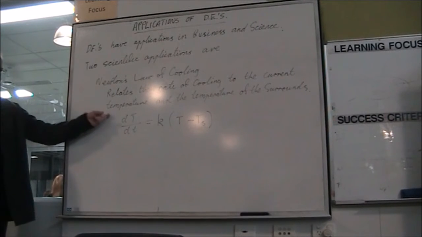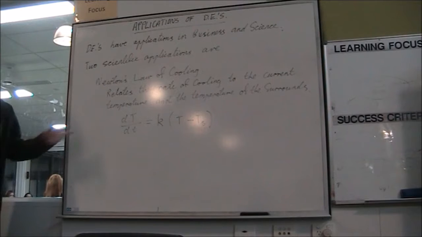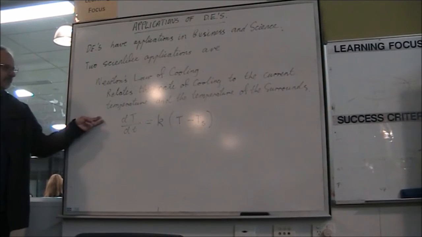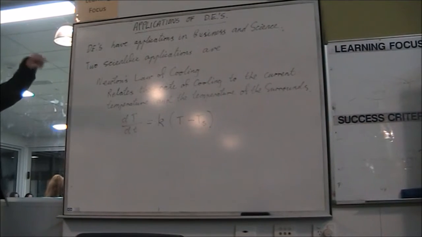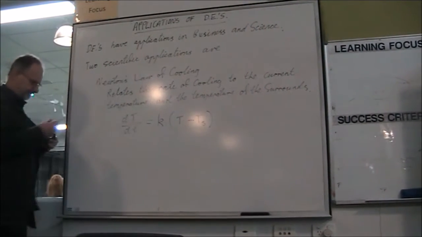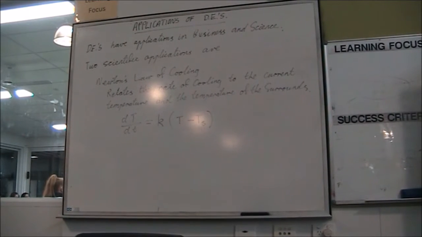Excuse me, this is the differential equation of Newton's law of cooling. So that's one example of, in this case, a scientific application. I'll give you another one in a minute of how a differential equation can be used in science.